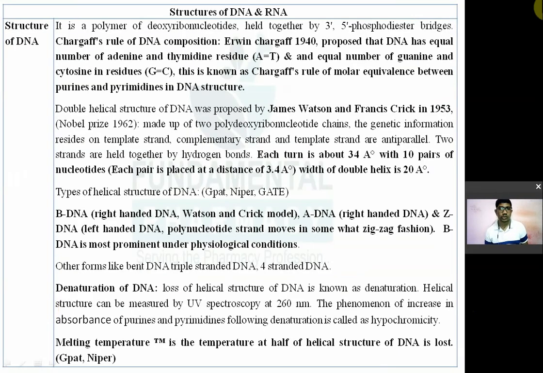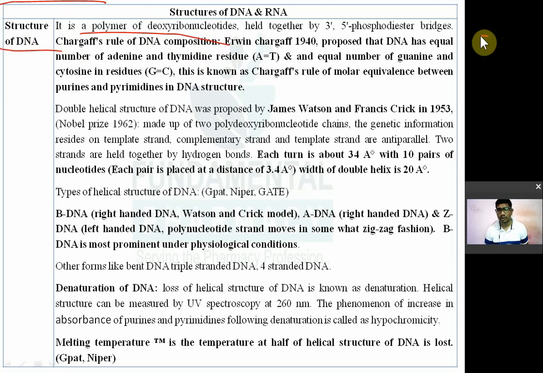Now structure of DNA, इसके ऊपर भी क्वेश्चन आता है, structure of DNA and RNA. First we will see structure of DNA. Now it is nothing but the polymer of deoxyribonucleotides. This DNA is a polymer of deoxyribonucleotide.